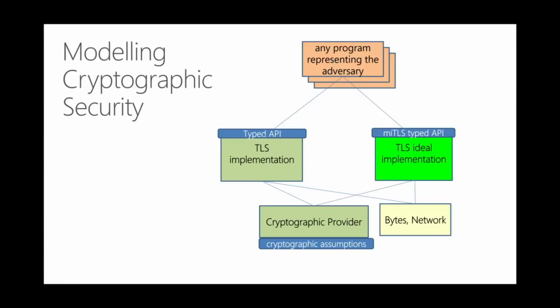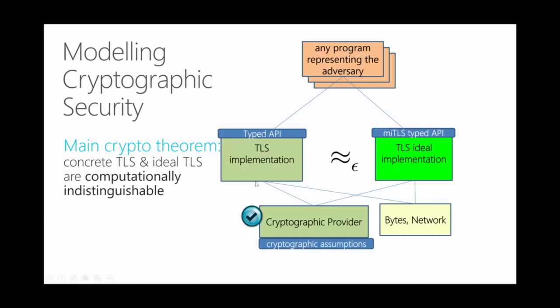Our general proof methodology is to show that this concrete version of TLS is indistinguishable from an ideal version of TLS about which we can prove that it actually implements a secure channel. We do that by verifying the crypto library and then making use of a cryptographic hypothesis to show that these two clients of this library are indistinguishable except for a probability determined by a security parameter.